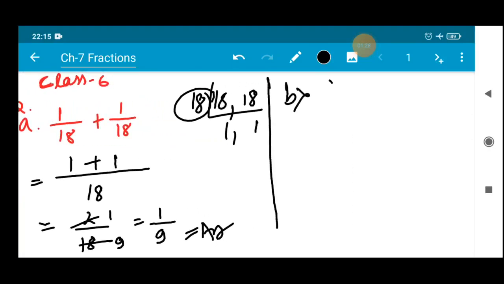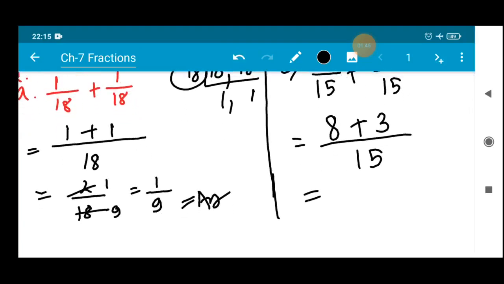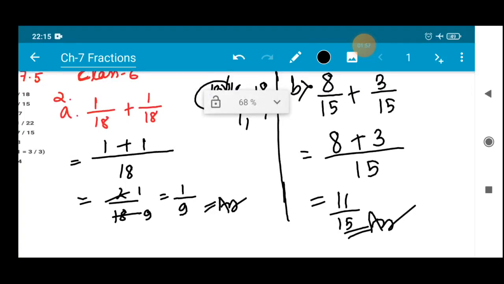Number B question is 8 by 15 plus 3 by 15. As mentioned, when you have the same denominator, that is 15 in both cases, we can write one denominator and add the numerators directly, 8 plus 3. 8 plus 3 is 11 divided by 15, so the value of the addition of 8 by 15 and 3 by 15 is 11 by 15.